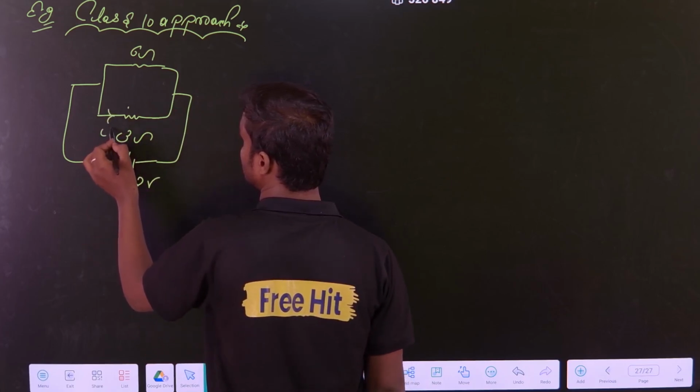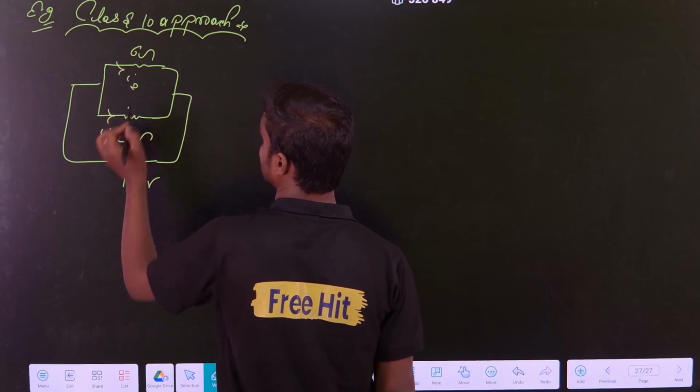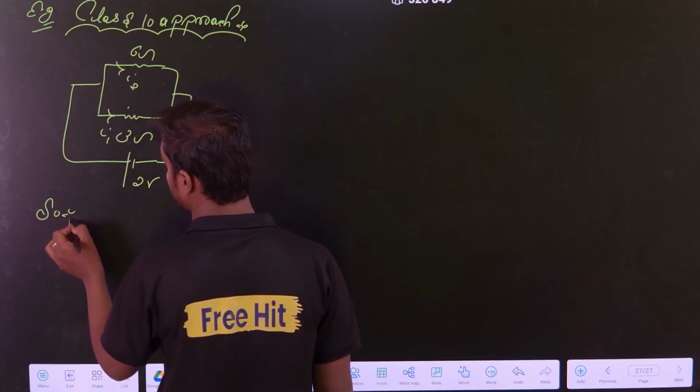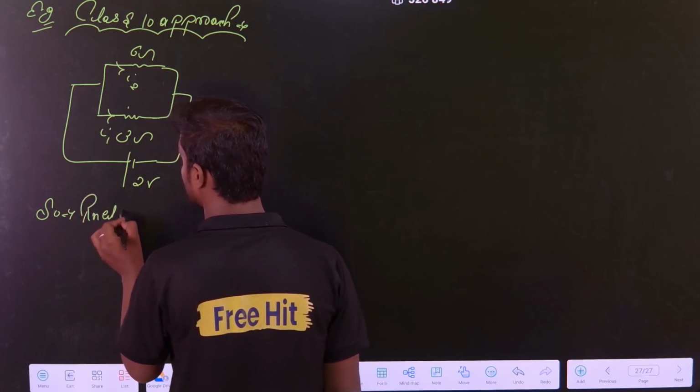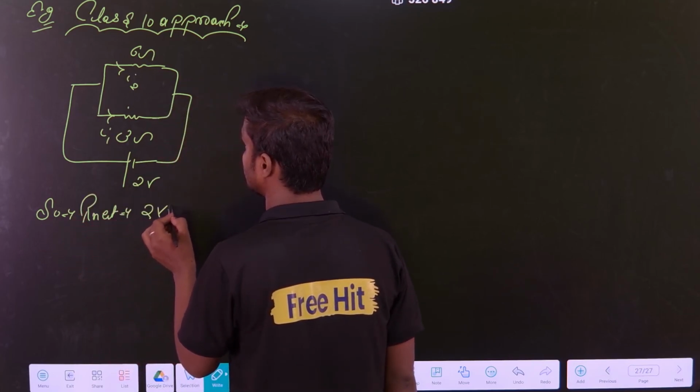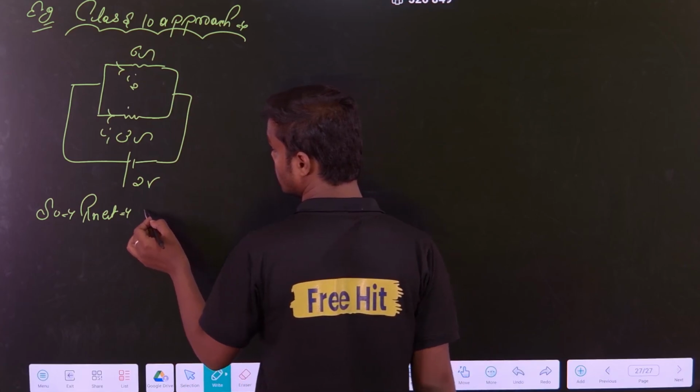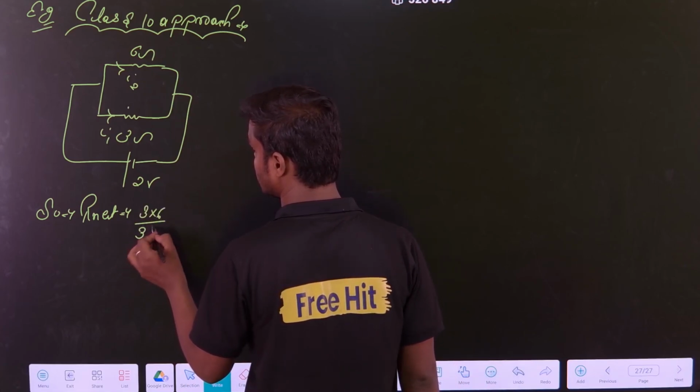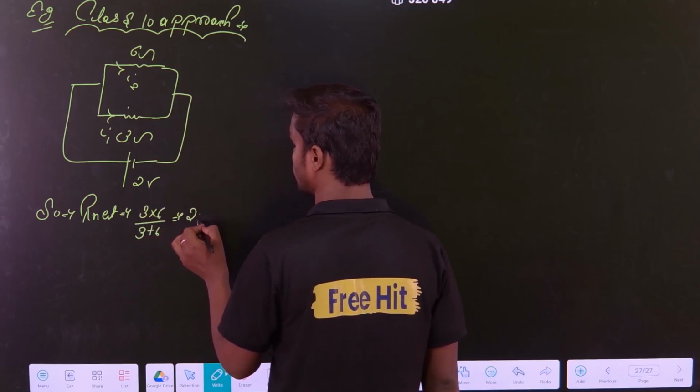My aim is to calculate I1 and I2. How to calculate? First is R net. R net I am calculating: it is 3 into 6 upon 3 plus 6, so that will be 2 ohm, correct?